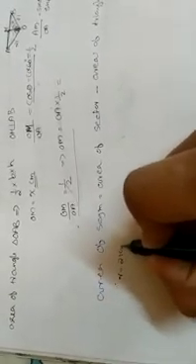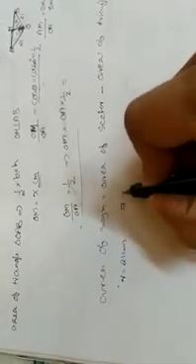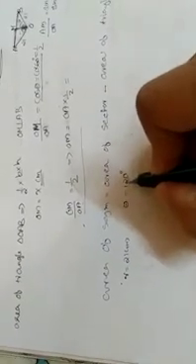So in this figure the radius is given as 21 centimeter and the angle is 120 degree. We need to find this segment area. First we have to write down the data given: radius equal to 21 centimeter and theta equal to 120 degree.